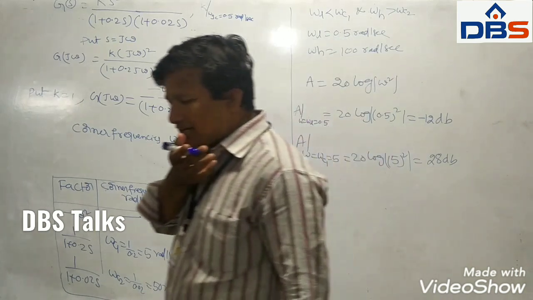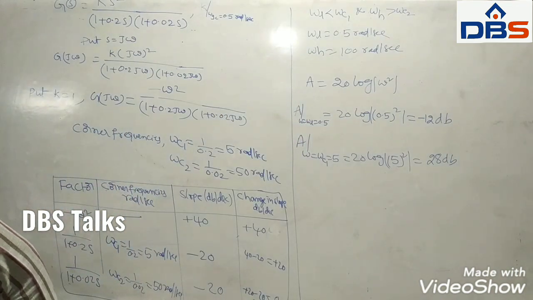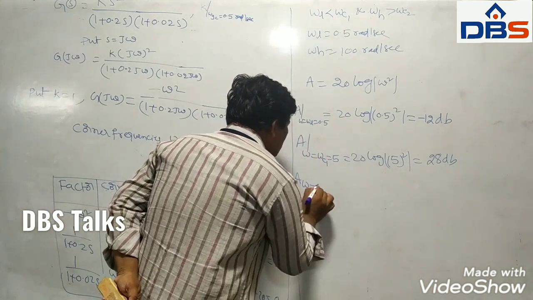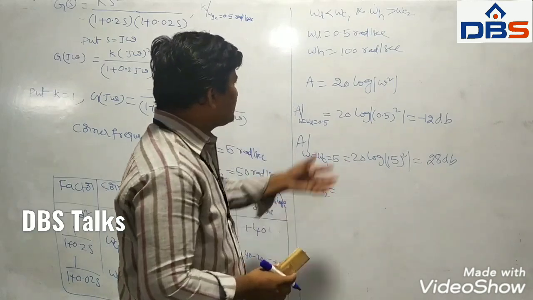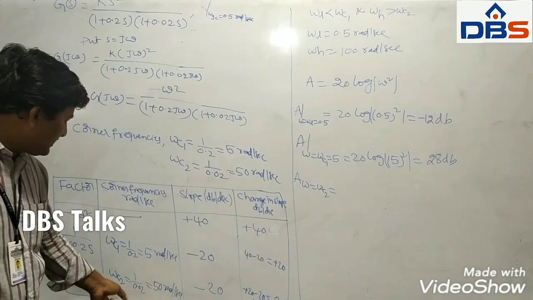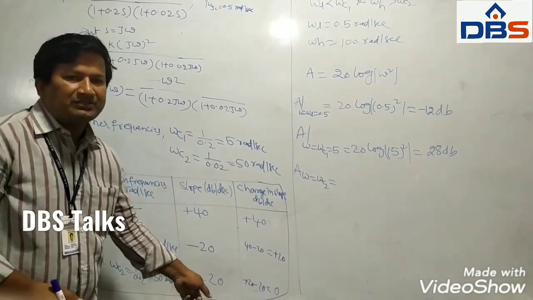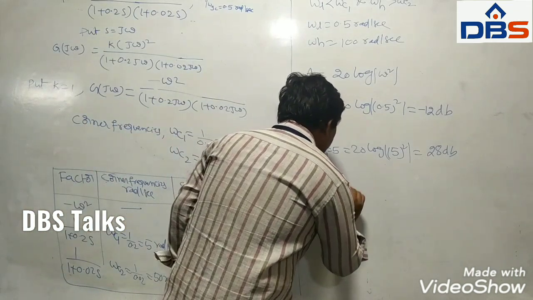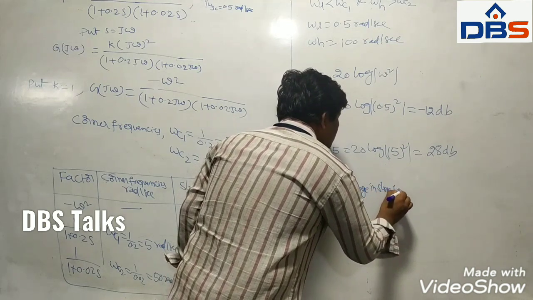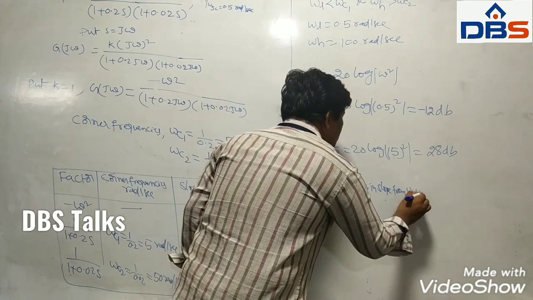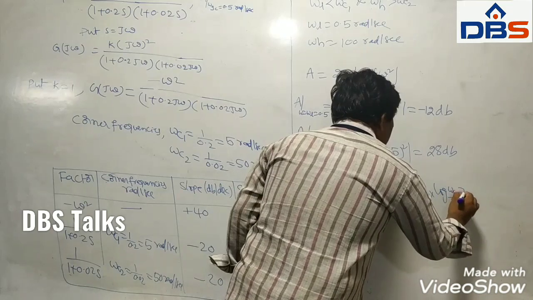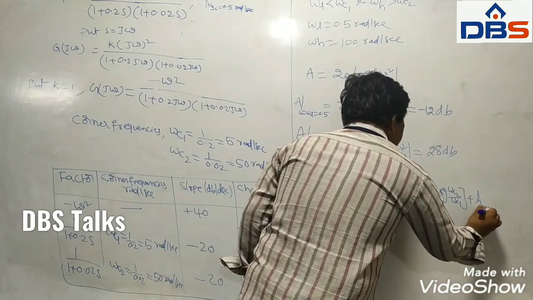Now another value we have to calculate, the gain at omega equal to omega c2. We cannot use this formula, we use another formula, because at omega c1 to omega c2 the change in slope is available. That's why we go for the formula: change in slope from omega c1 to omega c2 multiplied by log omega c2 by omega c1, plus gain at omega c1.